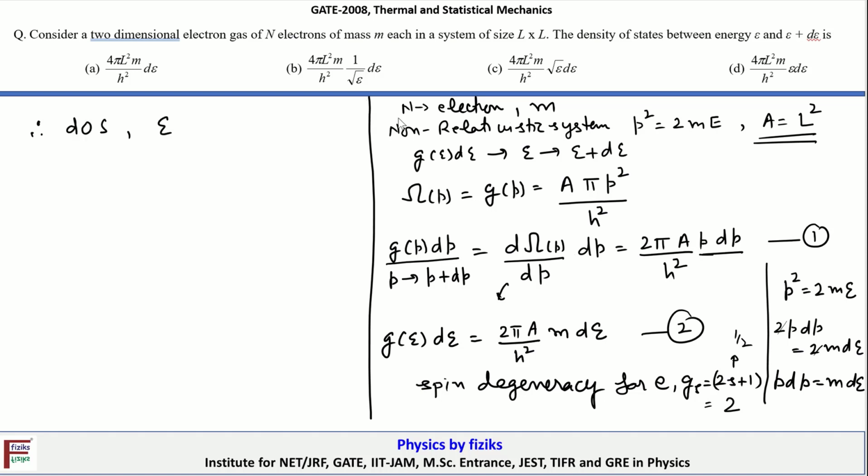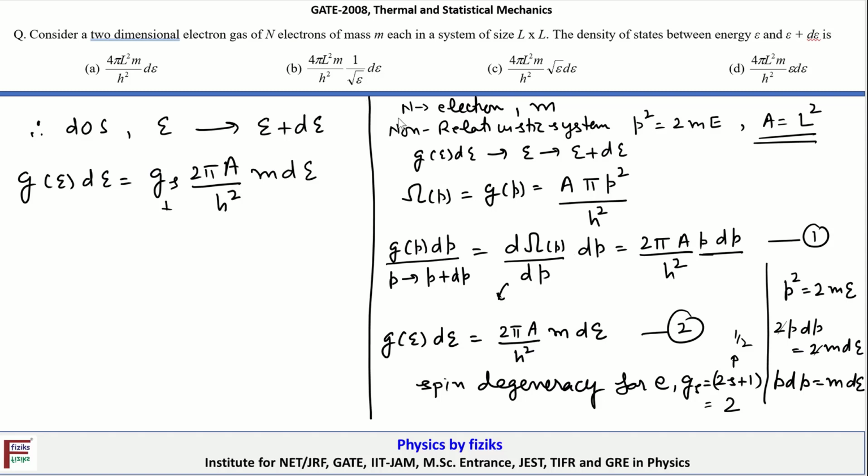So therefore the density of states in the range from E to E plus dE is given by GE dE, and that is equal to GS multiplied by this expression 2 pi A upon H square M dE.